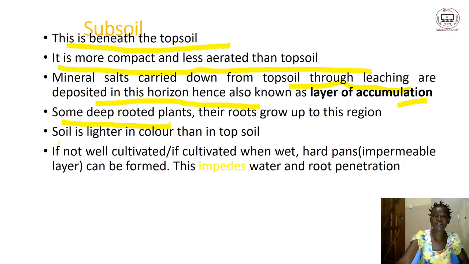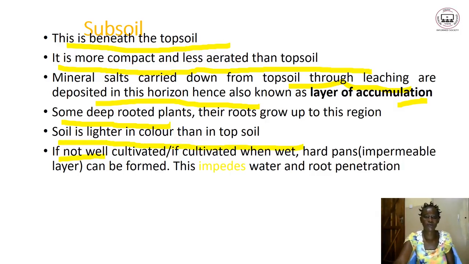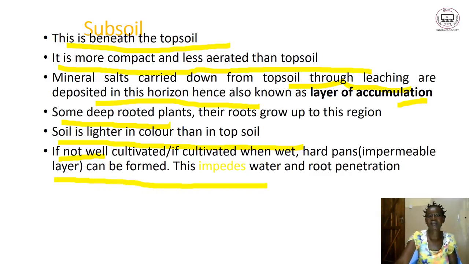But if you have some deep-rooted plants in that soil, that is where you find their roots growing up to this region, the subsoil. And most of the times the soil is lighter in color than topsoil. Remember, the topsoil is dark in color, but the subsoil is somehow lighter.